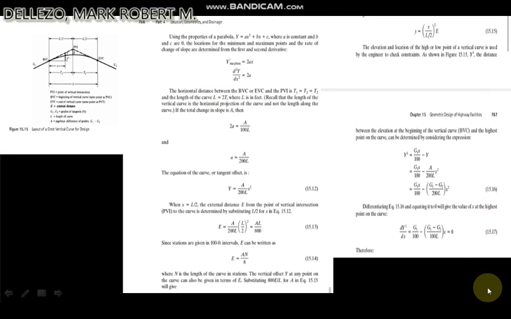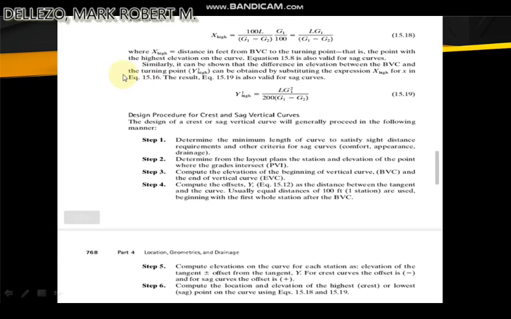The next, the continuation. So the design procedure for crest and sag vertical curves. The design of a crest or sag vertical curve will generally proceed in the following manner.